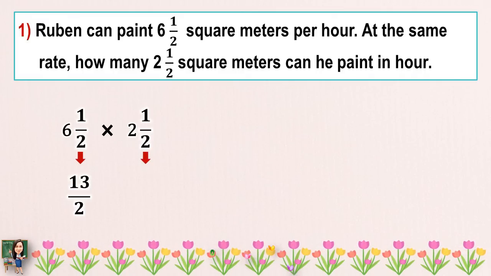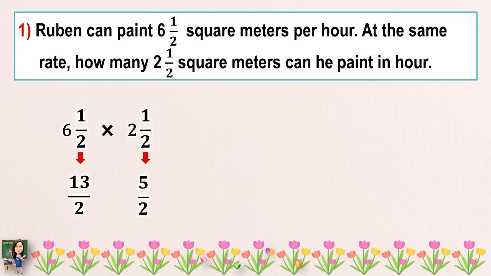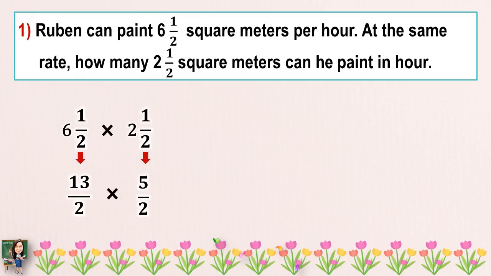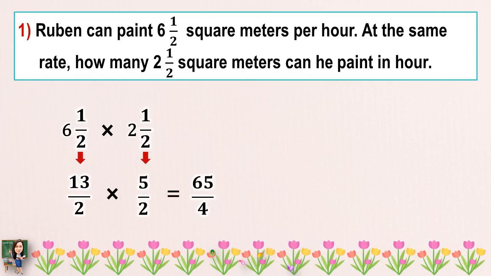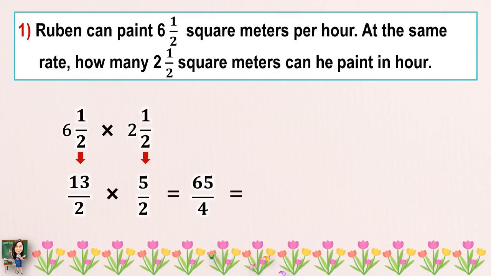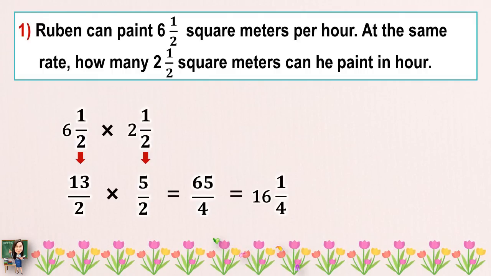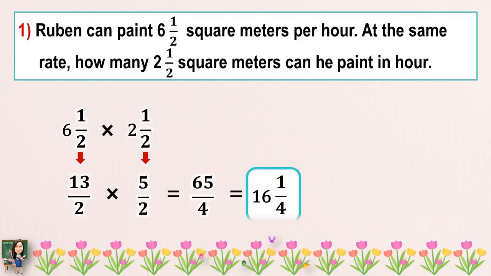Then 2 times 2 plus 1 equals 5 over 2. Multiply. 13 times 5 equals 65. And 2 times 2 equals 4. And then, divide. 65 divided by 4 equals 16 and 1/4. So the answer is 16 and 1/4.